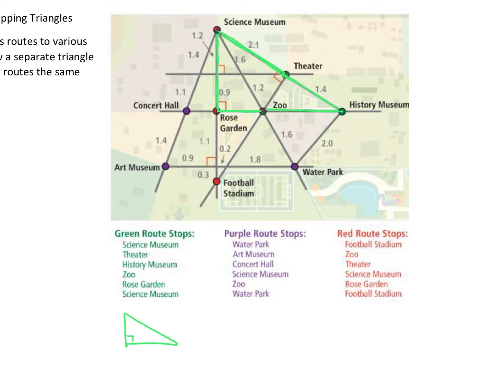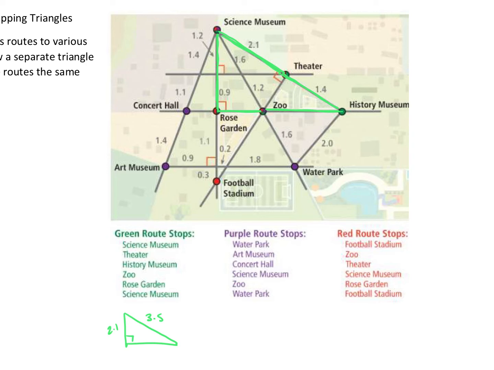If we add up, we have 0.9 plus 1.2 gives us 2.1. We have 2.1 plus 1.4 gives us 3.5. And we don't know anything about how long that is, so we have that information.